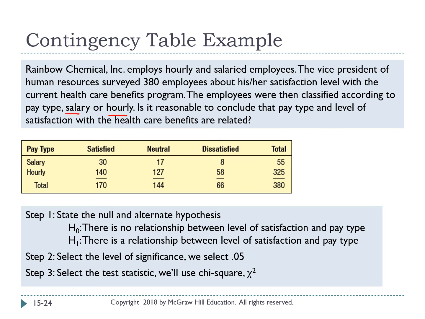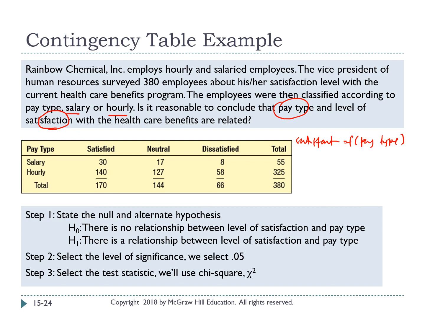Is it reasonable to conclude that pay type and level of satisfaction with the healthcare benefits are related? So in this question, you want to know the relationship between pay type and their satisfaction level. Are they related? If I want to write it as an equation, I can write it this way: satisfaction is a function of pay type.